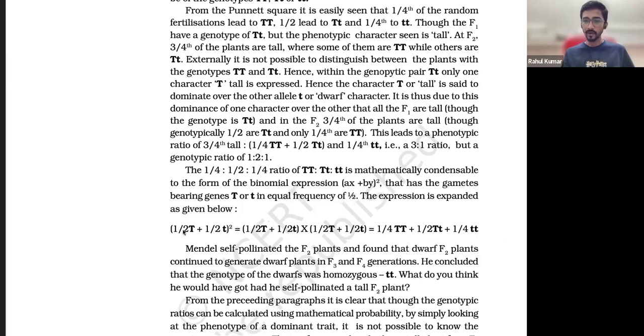So basically, what do we mean by whole square? You have to just multiply these two things 2 times, right? 4 square means 4 into 4. Simple mathematics. 2 square means 2 into 2.